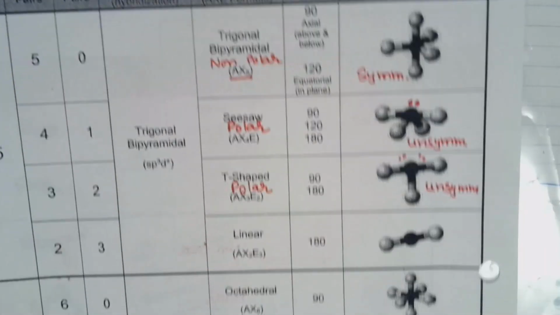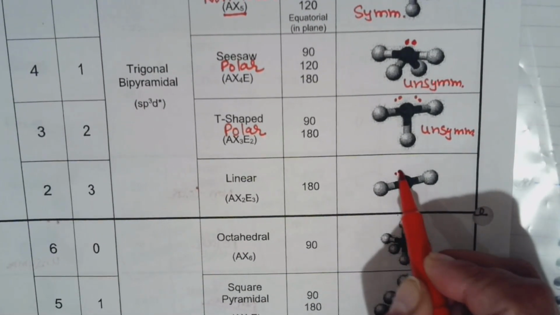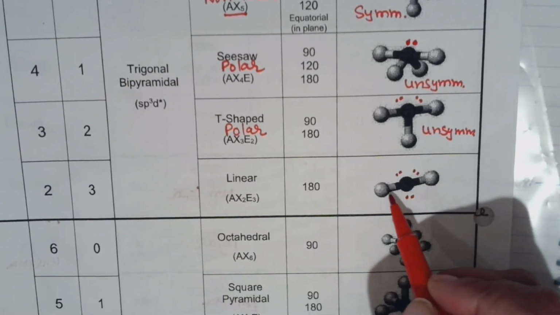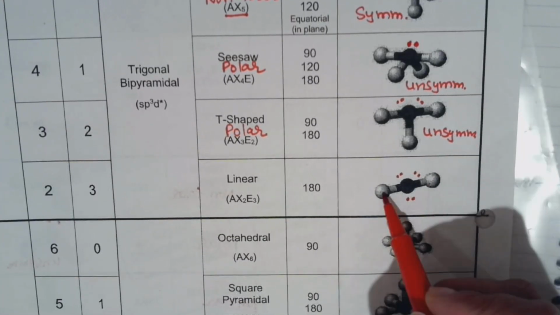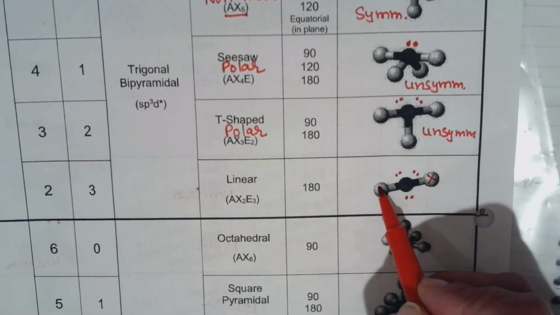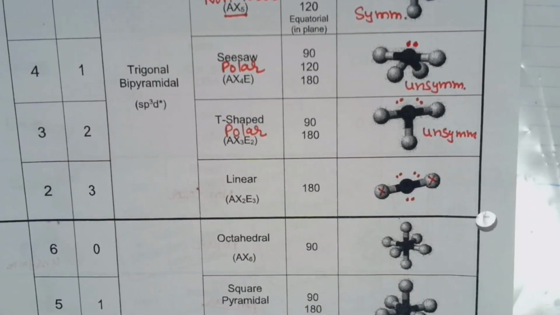Again, linear, we have 3 lone pairs. Linear shape, whether it's polar or non-polar, that could be tricky. If both the X atoms are the same, then it's going to be symmetrical, and hence it will be non-polar, right?